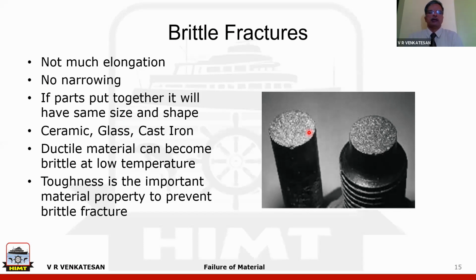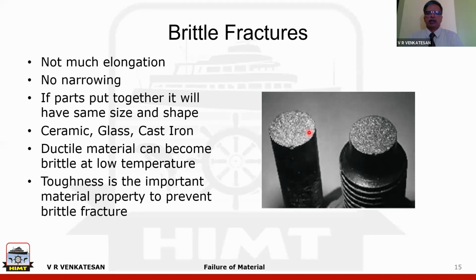Toughness is measured by the amount of energy required to break this specimen. You will remember in your college days that in impact testing, a specimen is made. The specimen is broken by hitting it with a hammer. Then the amount of energy required to break that specimen is the way toughness is measured.